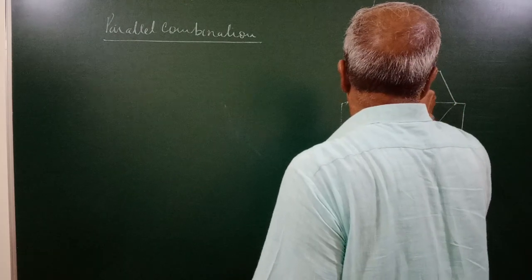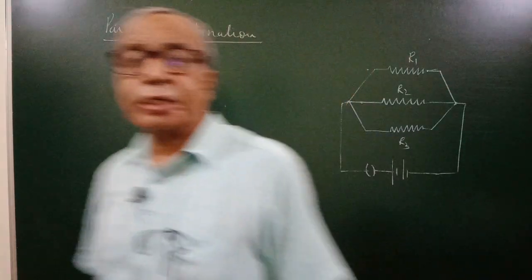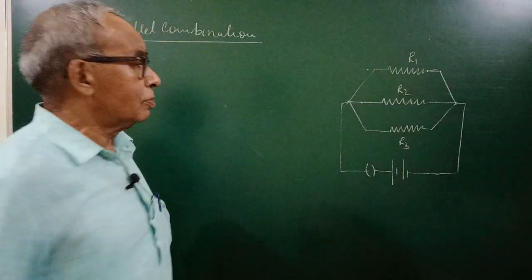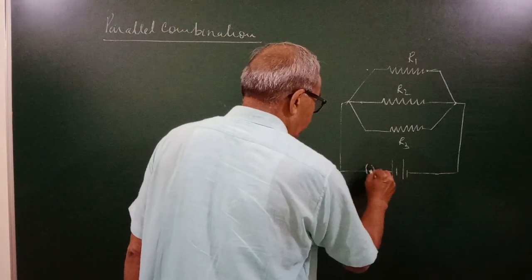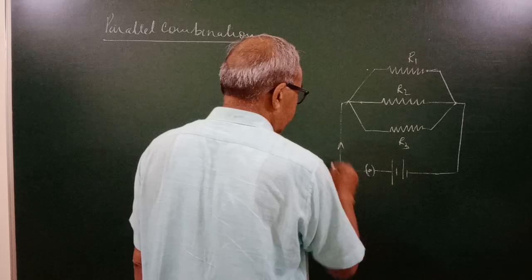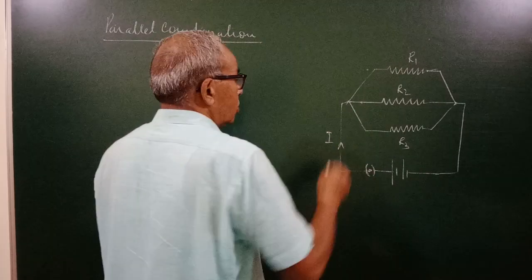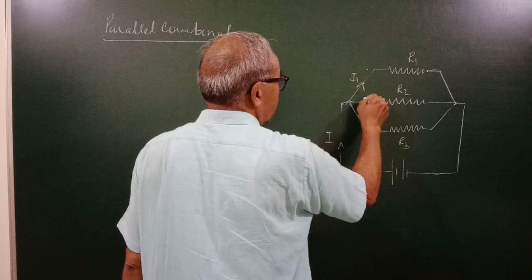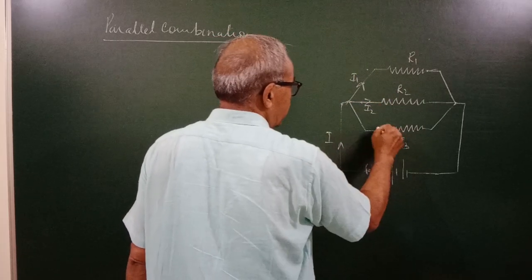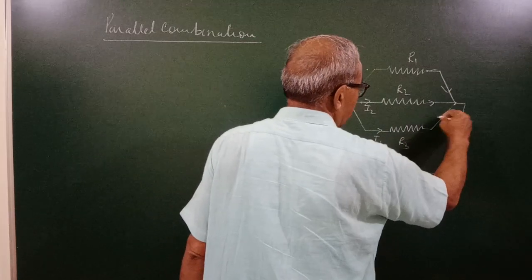R1, R2, R3 are the resistances of three conductors connected in parallel. Here, if we close this key, current starts flowing. Current I will get divided. So sequentially we take, let this current be I1, here I2, and here I3.